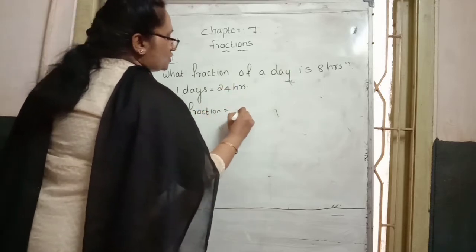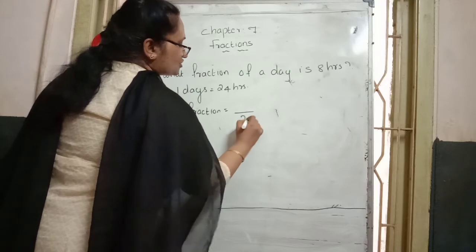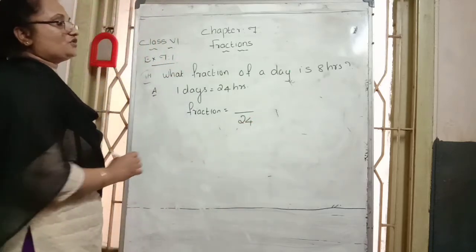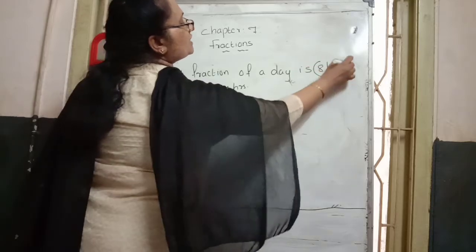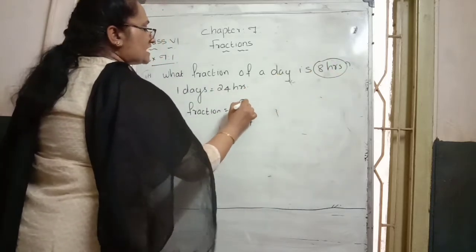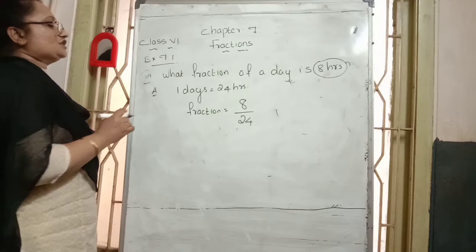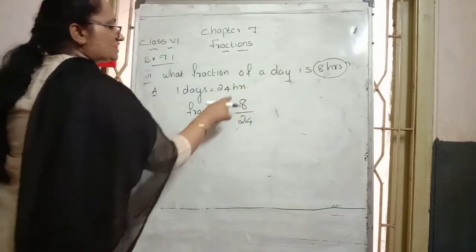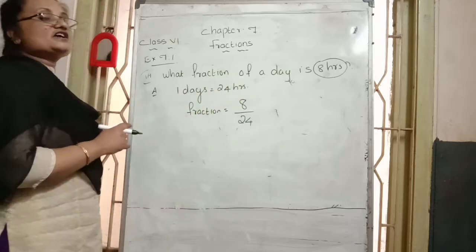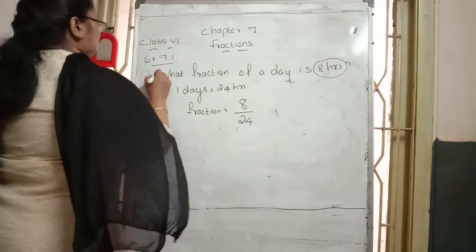The total number of hours, 24, we mark on the denominator. In the numerator we mark the hours they mention, 8 hours. So 8 by 24. What fraction of a day is 8 hours? We can write it as 8 by 24. Then this is the third question.